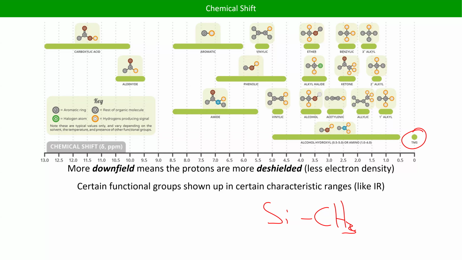So we just use that as a convenient 0. More downfield means more deshielded. So anything where you've got electron withdrawing, things that are electronegative, resonance, things like that, move things off to the left.